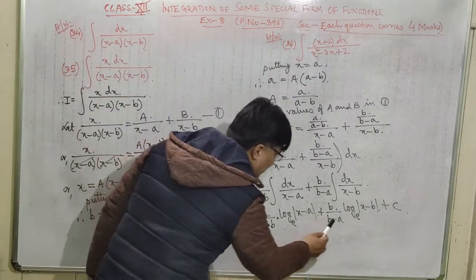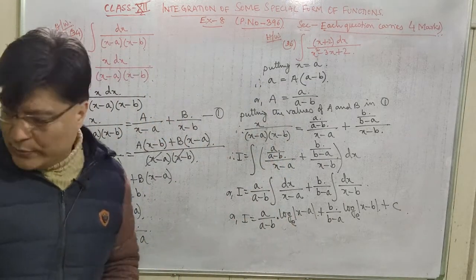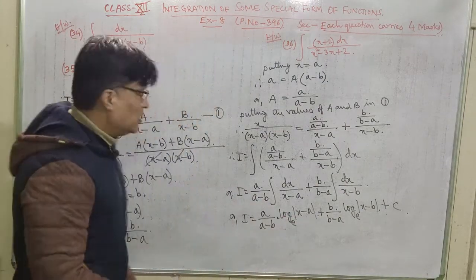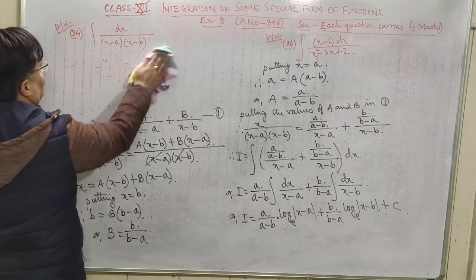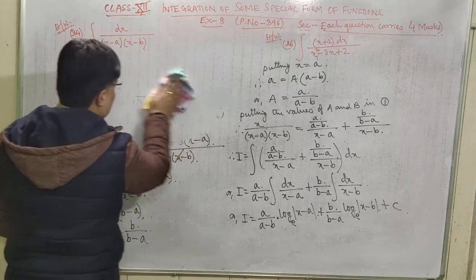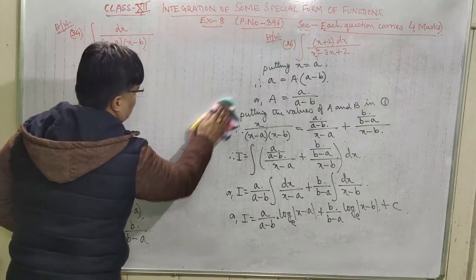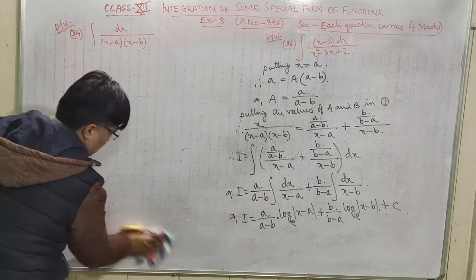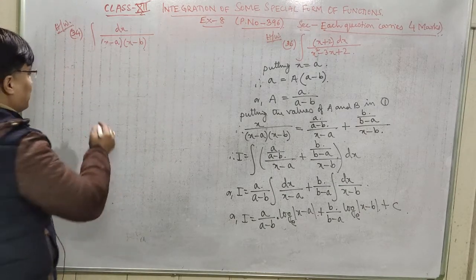Since there is b minus a, you can make it a minus b by taking minus common out here, and then you can take that 1 upon a minus b as common. So let us simplify it and write down the simplified answer.